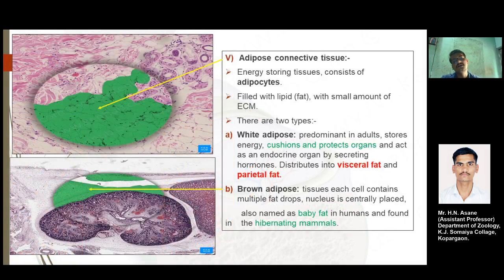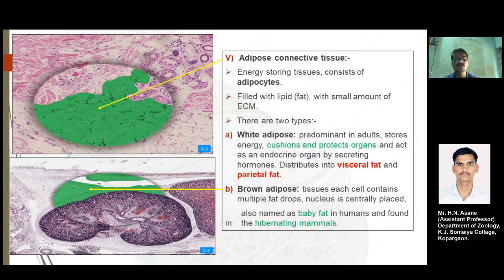So fifth, as I said earlier, the reticular connective tissue is one of the connective tissues, and the adipose tissue is another. But there are special types of adipose tissue in mammals. These adipose tissues are energy storing tissues consisting of adipocytes.